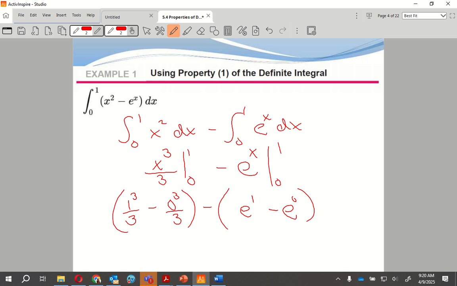This is going to give me 1/3 minus 0, minus e to the first power, and anything to the 0 power is 1. And then I distribute.